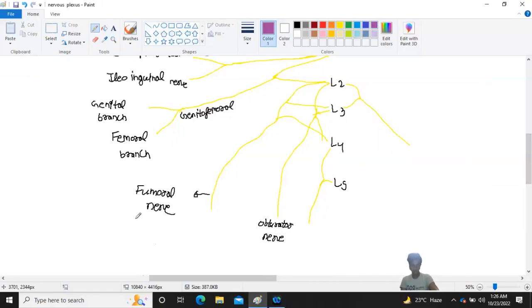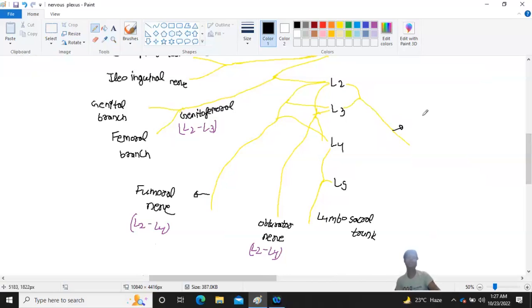You write the values also: L2 to L4, L2 to L4, L2, L3. Done. This is the lumbosacral trunk. And this is the lateral cutaneous nerve of thigh.